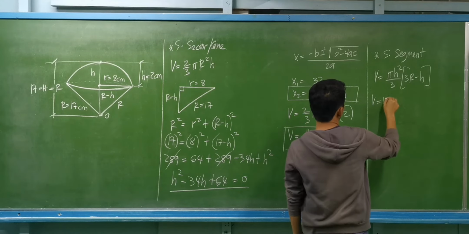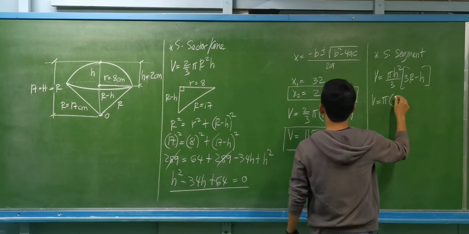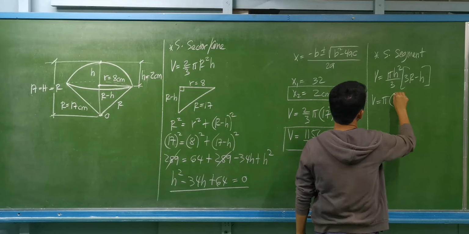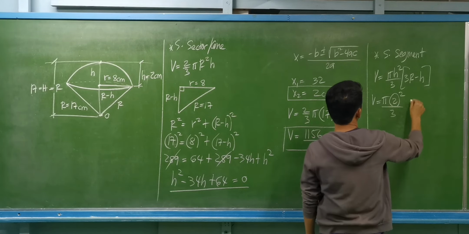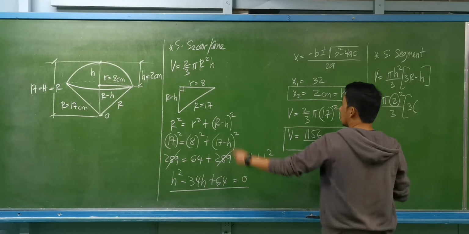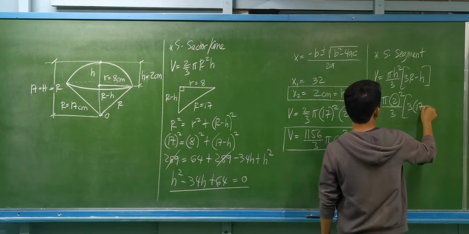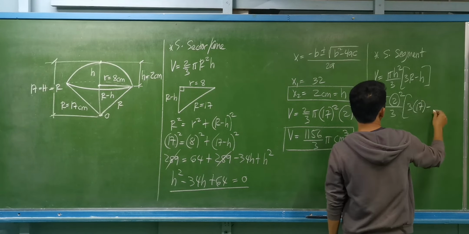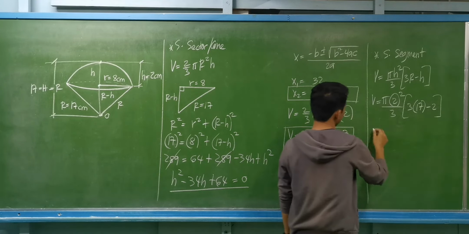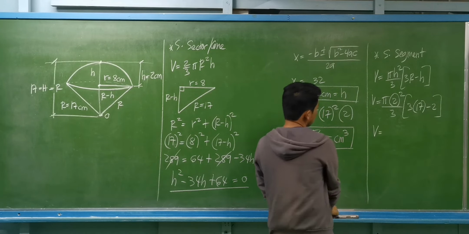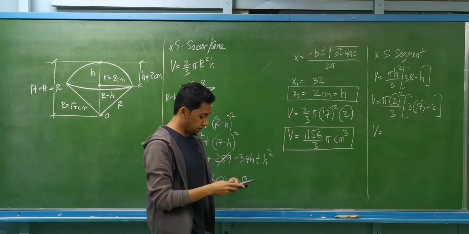We have h again as 2 centimeters. This is pi times 2 squared divided by 3, multiplied by 3 times the radius of the sphere, 17, minus the height of the zone, 2 centimeters.